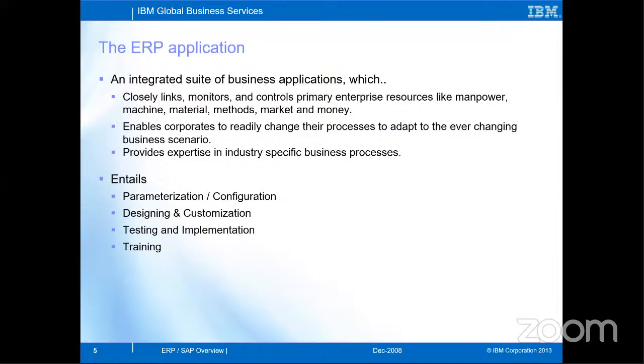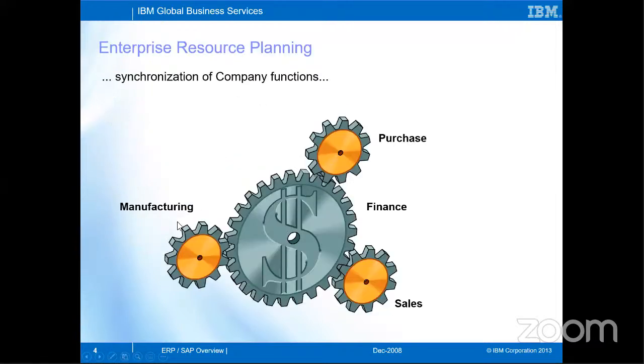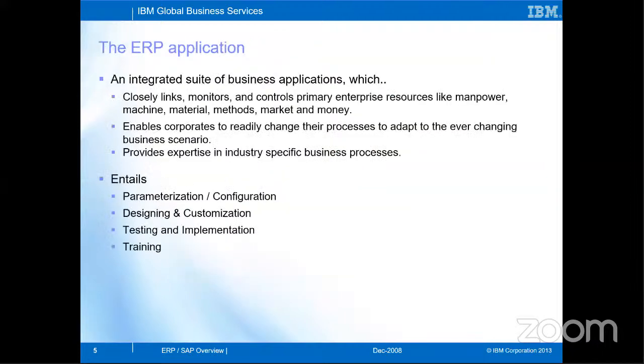But SAP as a company or as a product has dominance in many of the industries that I showed. In the previous slide we saw some of the major departments, right? You have manufacturing, purchase, sales, finance. These are the biggest modules in SAP, and they are the biggest business functions any company has. This is where the dominance in the market comes from for SAP as a product.